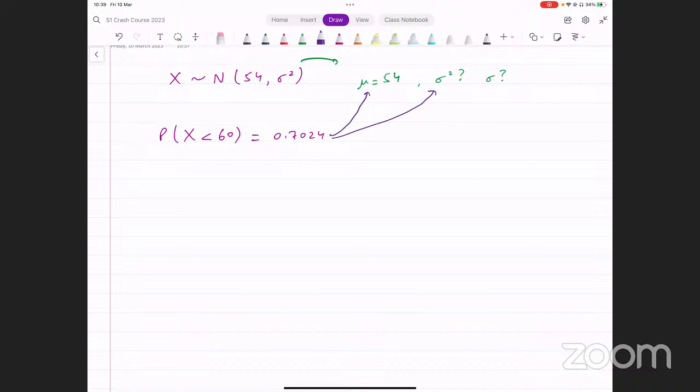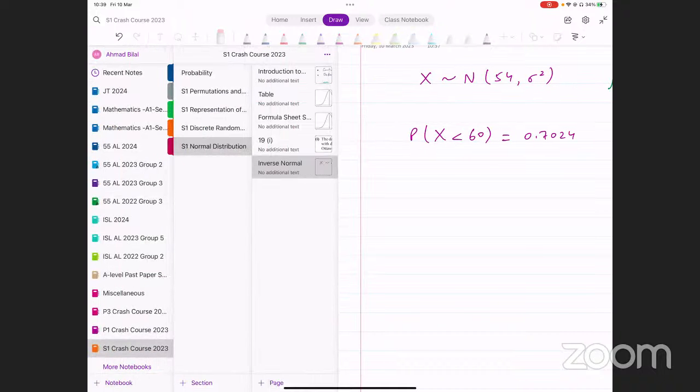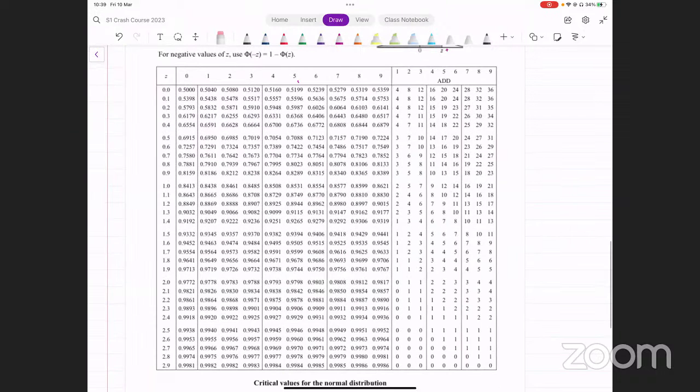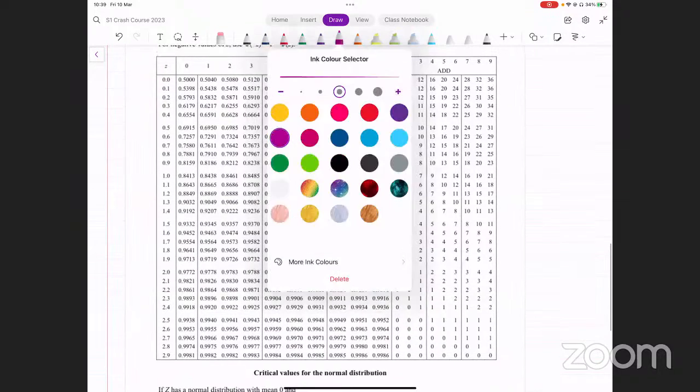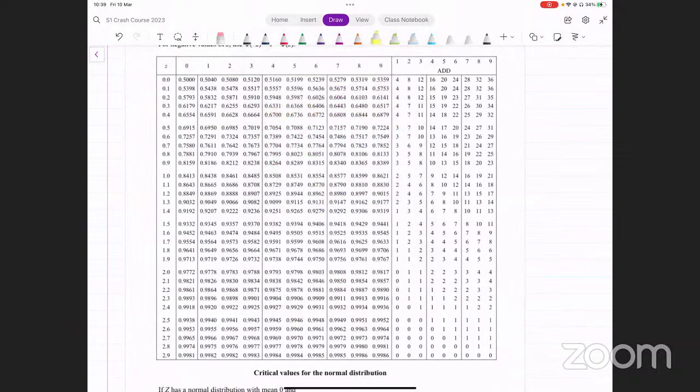Now, for this, you would need to read the table in the reverse order. So remember this normal distribution table that you have? Until now, what we've been doing is using the values of z to find probability.